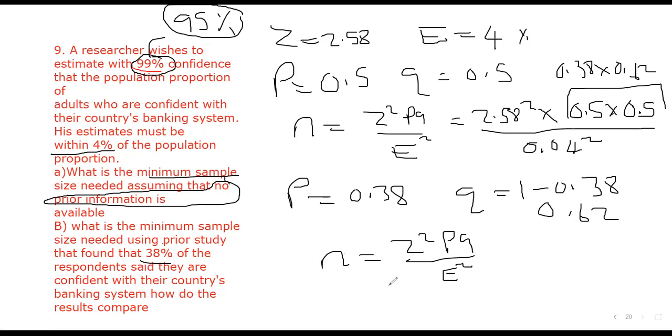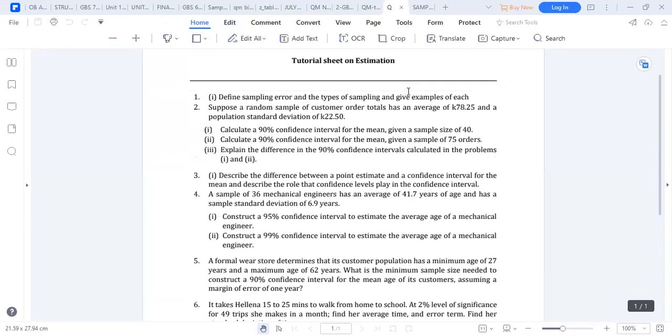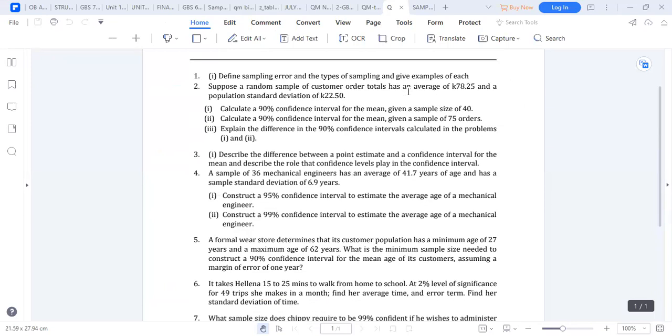Can you go back to the other question? I raised my hand. The other example, not this one, the one before this one. Okay, all these questions I've sent them on the group. Excuse me? These ones.